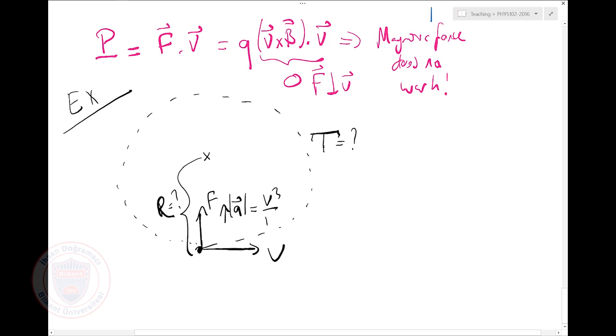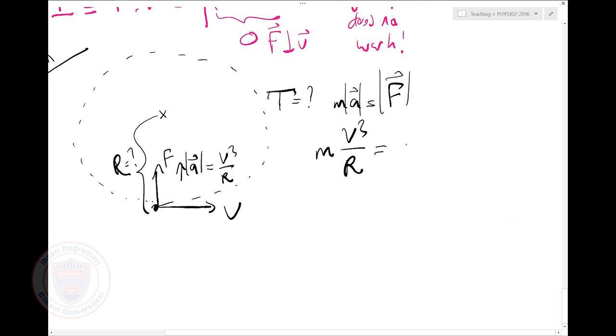v squared over r. So this v squared over r acceleration, m times a, must be supplied by the magnetic force. m v squared over r, I have them in the same direction. So F magnitude is q v times B. Why am I so sure of that?